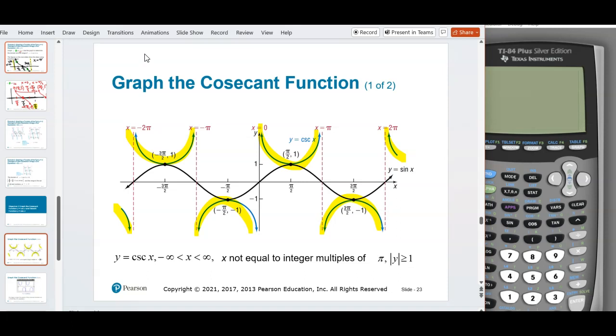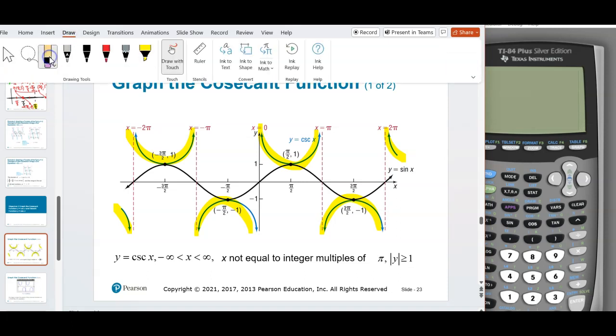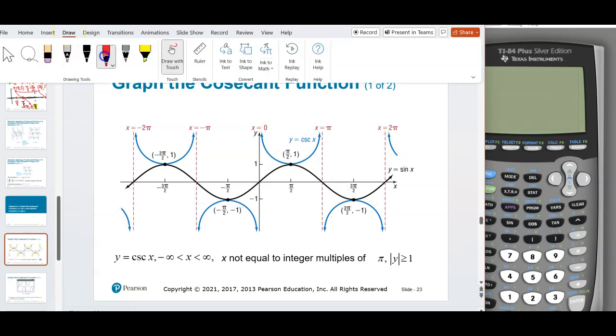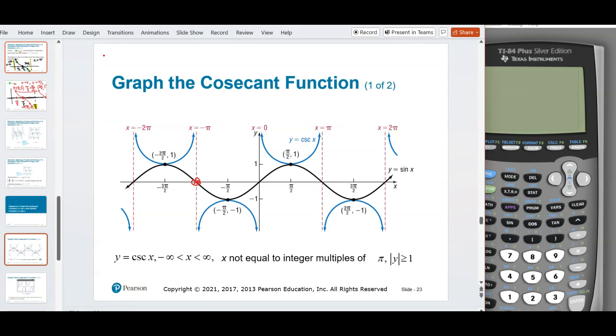The big thing that we do here is the zeros of your sine function. Anywhere the sine function crosses the x-axis, because cosecant is the reciprocal of sine, those zeros become vertical asymptotes for the cosecant function.